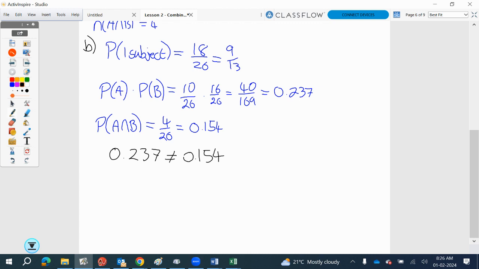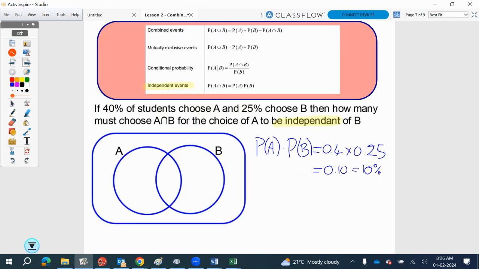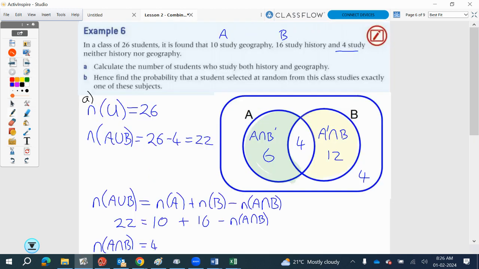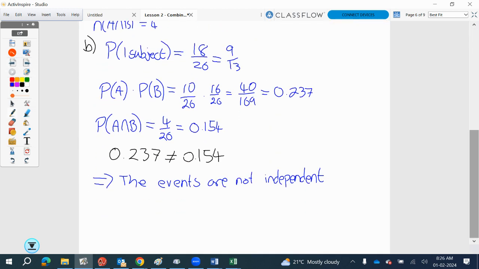These are not equal. That implies the events are not independent. If these two numbers aren't the same, then the events are not independent.